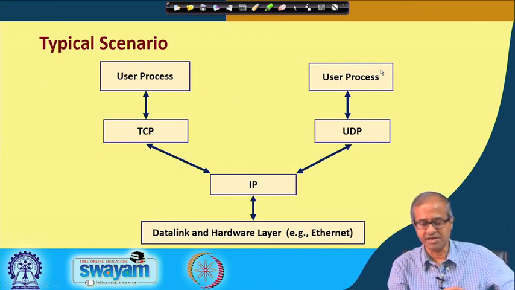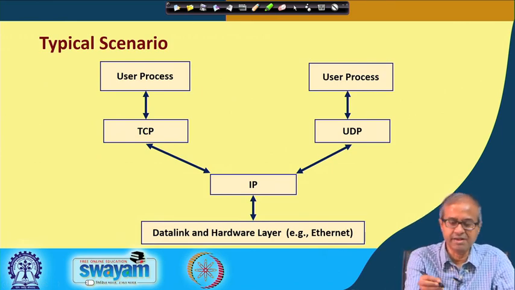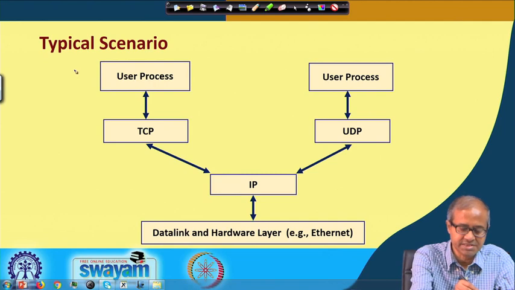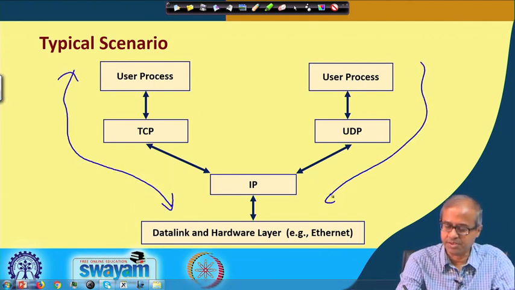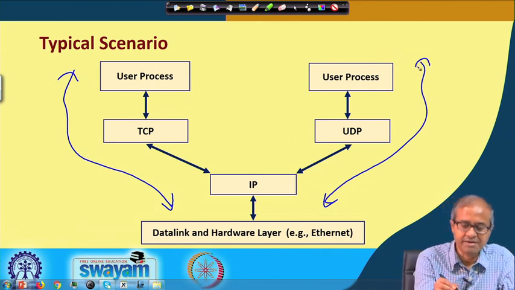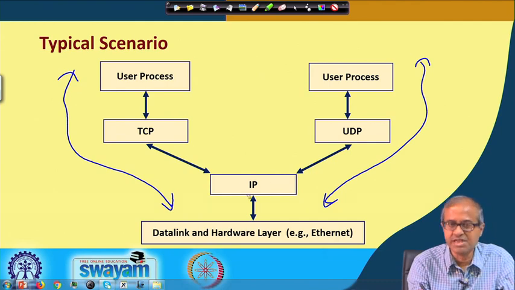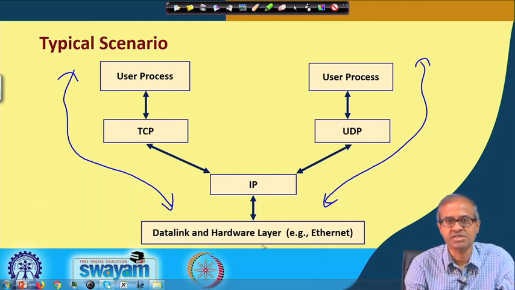Now, a typical scenario I am showing here: two paths, one a TCP path and the other a UDP path. Here the application will be some user process which will be using TCP at the transport layer, TCP will be using IP at the network layer, and IP will be using the lowest hardware layer.